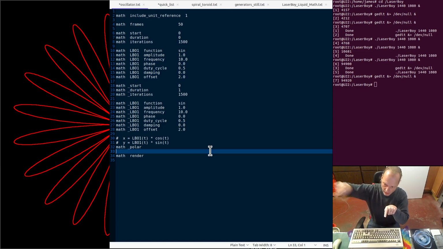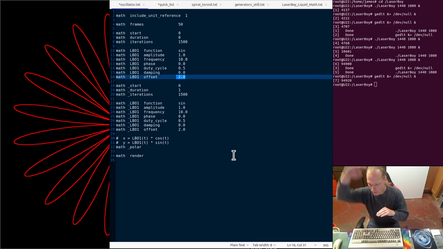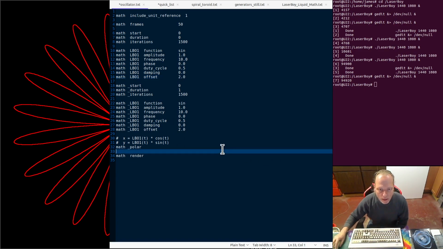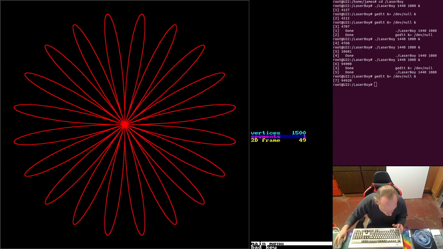So it's making everything plot farther away from the origin. Because it's 2, we're adding to 2, so it means the entire wave is going to be above 0. All right. Save that and render it.